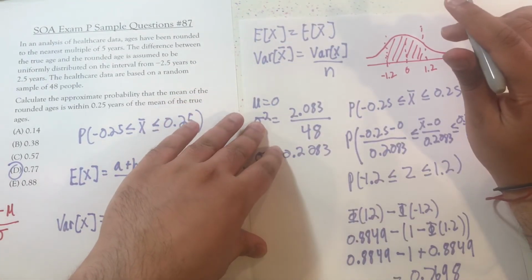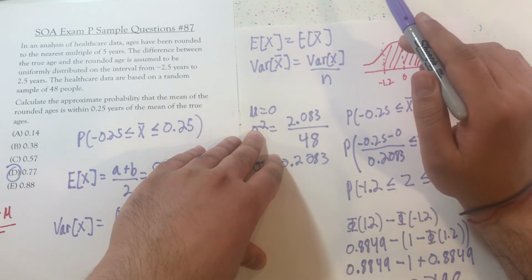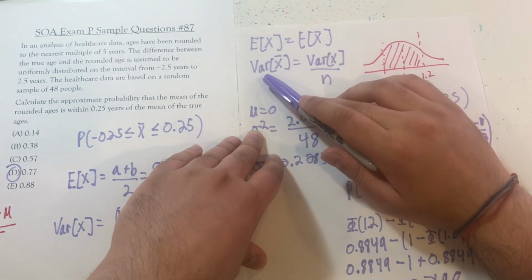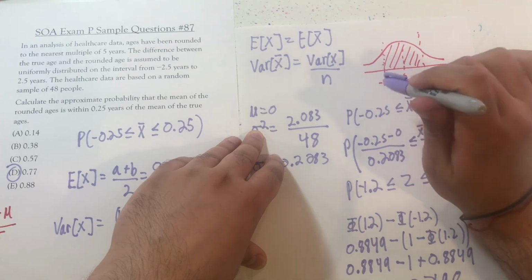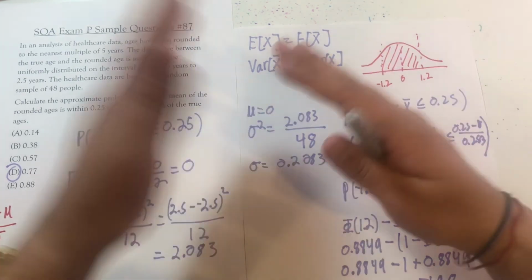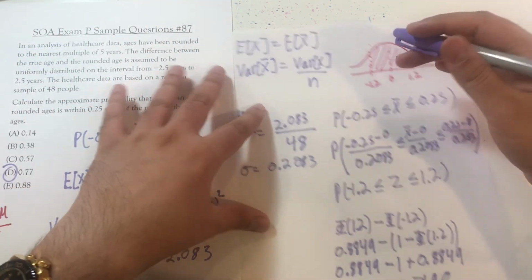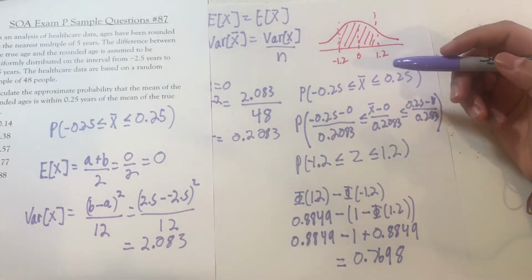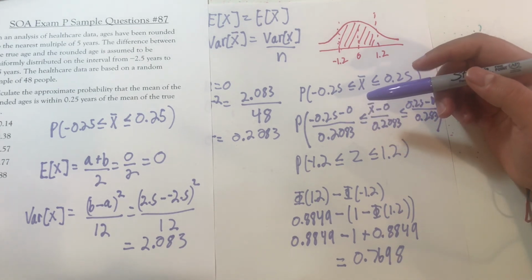Here, you can't. For a mean, the original expected value for an individual is the same as the expected value for your average. The variance is equal to the original individual variance divided by the number of items there are. And other than that, it's pretty much just applying central limit theorem, calculating a z-score using the normal table.